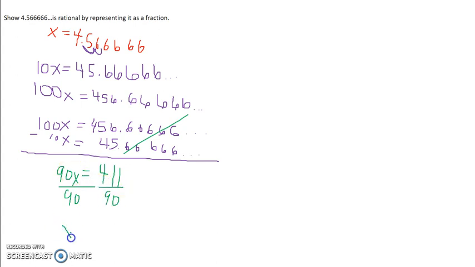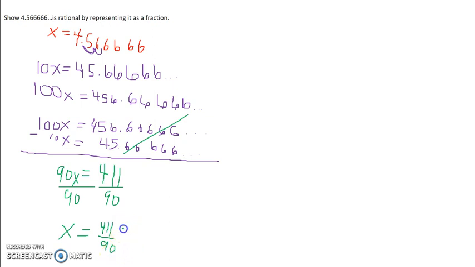And my fraction will be x is equal to 411 over 90. And I can reduce that. Both of those are divisible by 3.